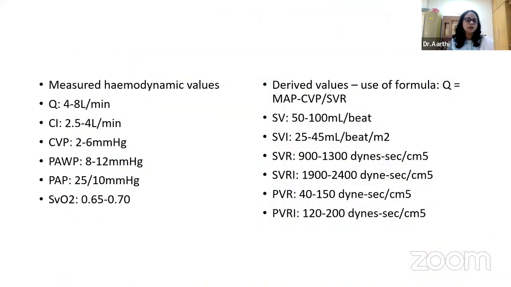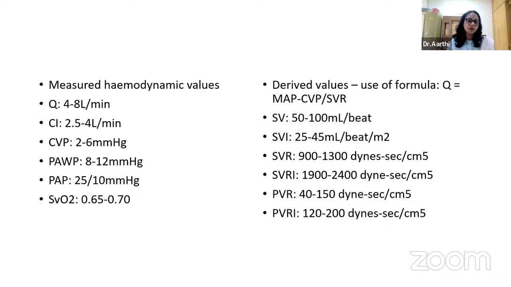So there are normal variables which are measured using a pulmonary artery catheter, and there are derived variables calculated using formulas from the basic variables obtained from the pulmonary artery catheter. So cardiac output can be derived using a pulmonary artery catheter, and hence cardiac index can be calculated.